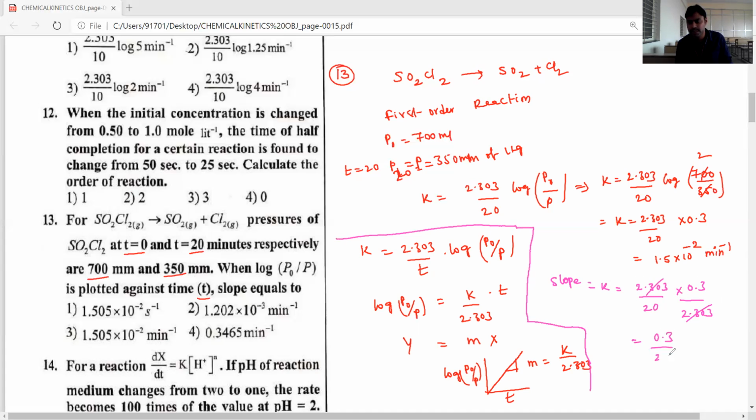Then 0.3 by 20 will be present, which is equal to 1.5 into 10 to the power of minus 2. 1.5 into 10 to the power of minus 2.